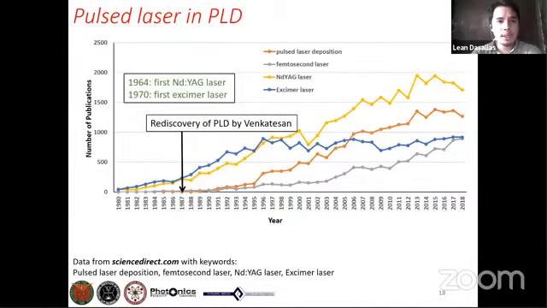Now, in the literature, pulse laser deposition is usually done with different pulse lasers such as excimer lasers and Nd:YAG lasers. However, in the late 80s, the technology of femtosecond pulse lasers improved, and that enabled the use of femtosecond pulse lasers in the deposition.